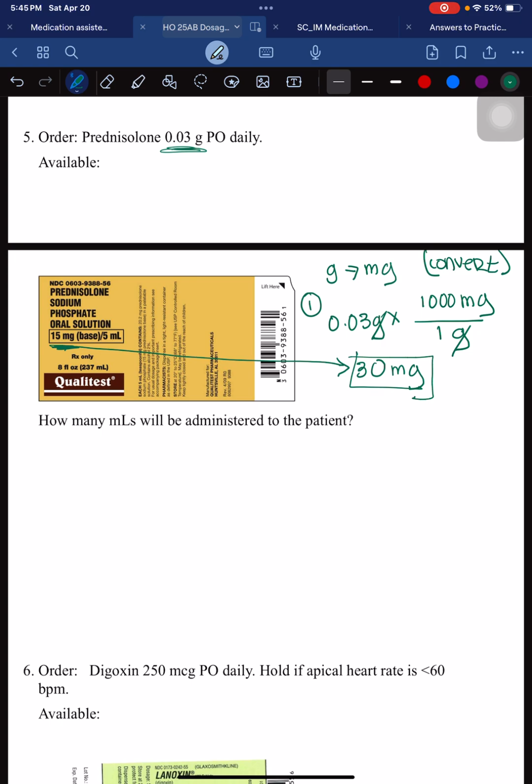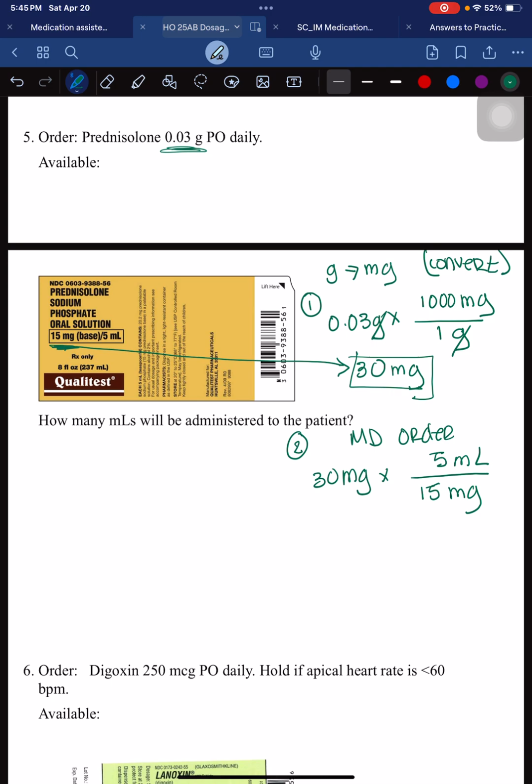Okay, second step here is how much do we give the patient? So now the MD's new order is 30 mg. Our label is calling out every 15 mg equals 5 ml, because this is a liquid form now.